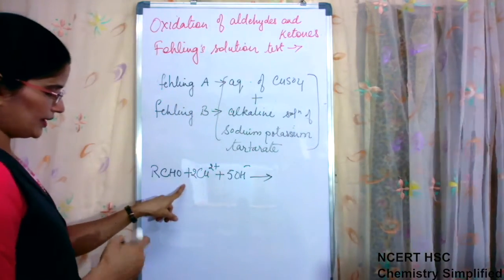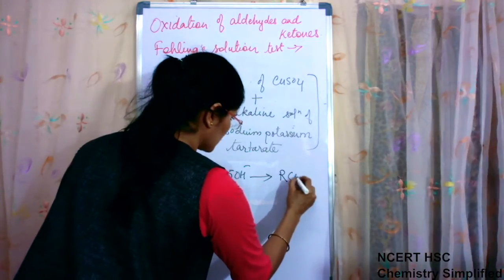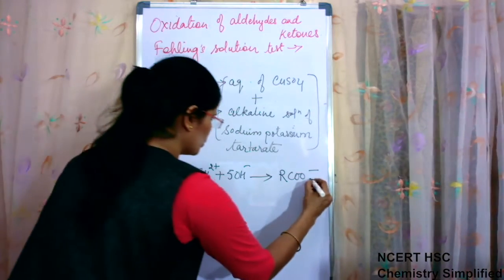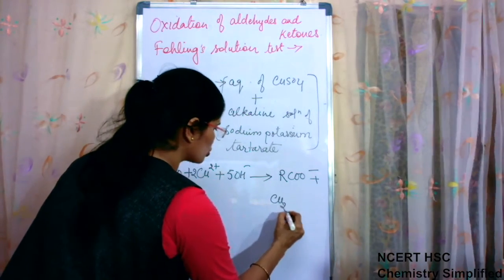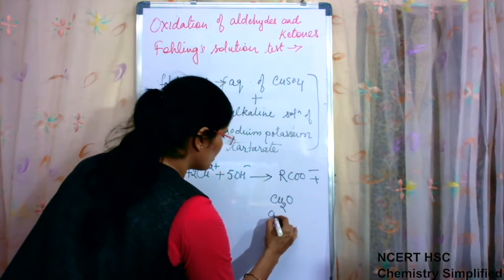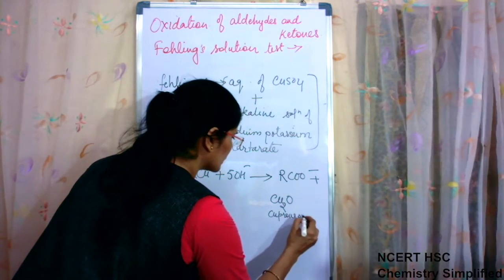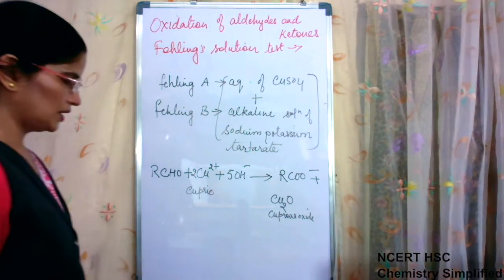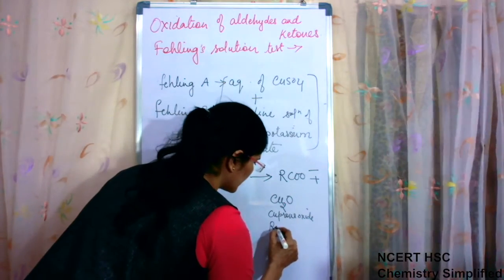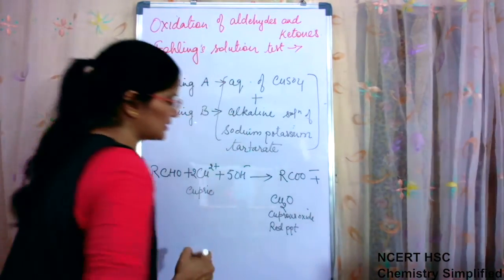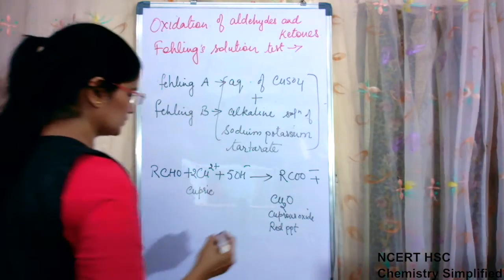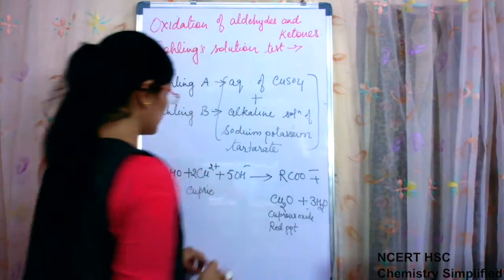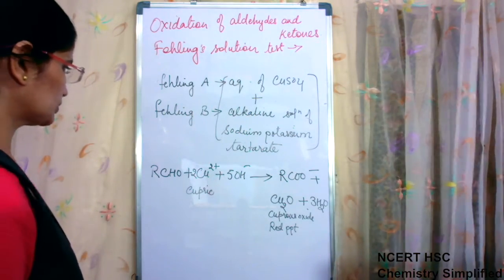Then aldehyde is oxidized to RCOO negative, and the copper is reduced to form Cu2O. This was cupric ion, and Cu2O is cuprous oxide, which is a red colored precipitate, plus water molecules are formed.